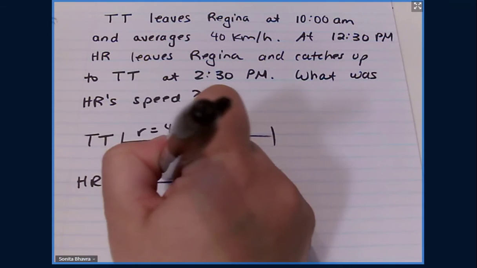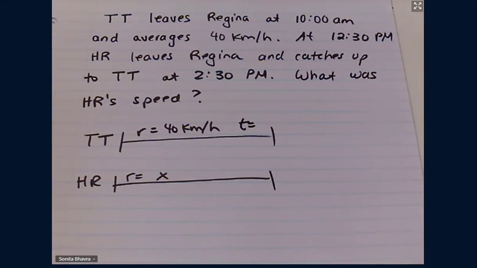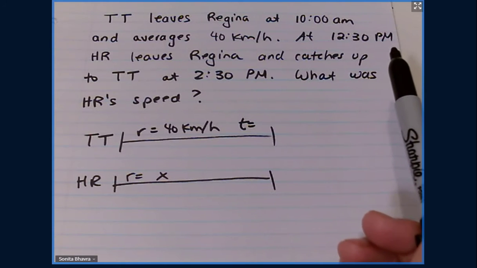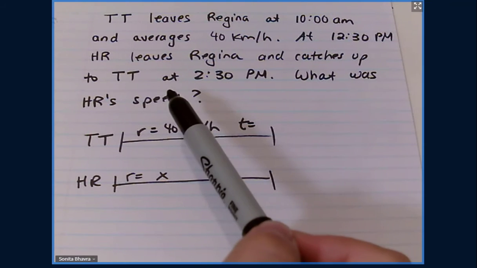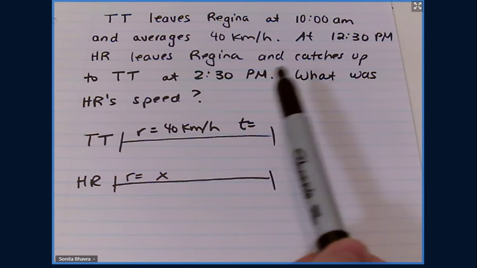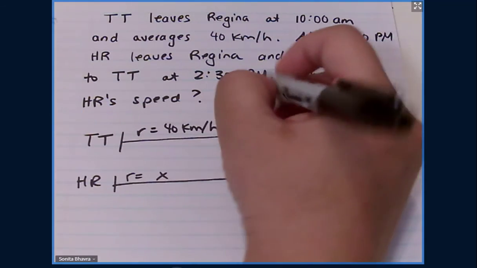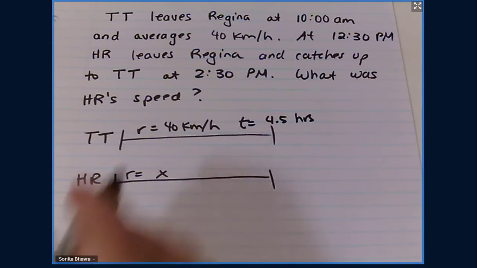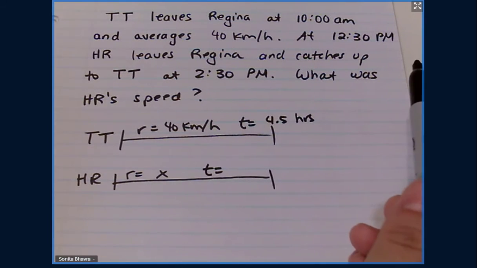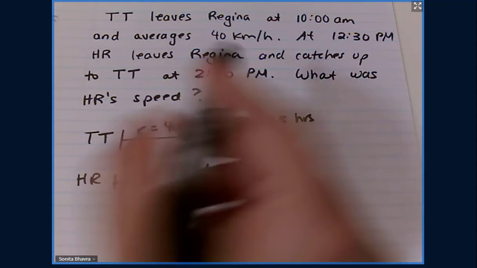So the rate is X. For time, Turtle Terry leaves at 10 a.m. and Hot Rod catches up to Turtle Terry at 2:30 p.m. So from 10 o'clock to 2:30 p.m., that is 4.5 hours. And the time for Hot Rod was from 12:30 to 2:30, which is 2 hours.